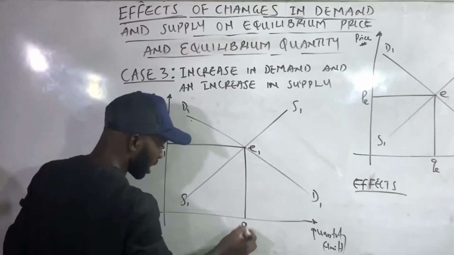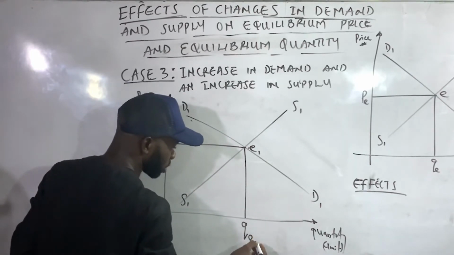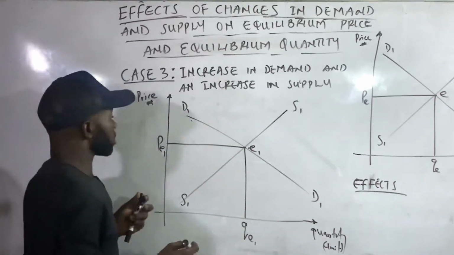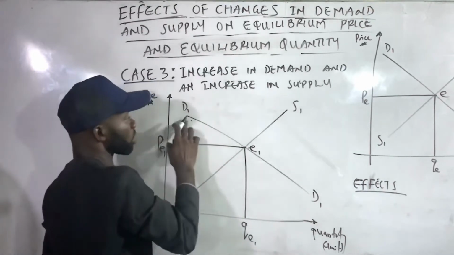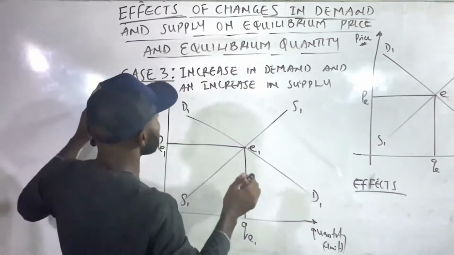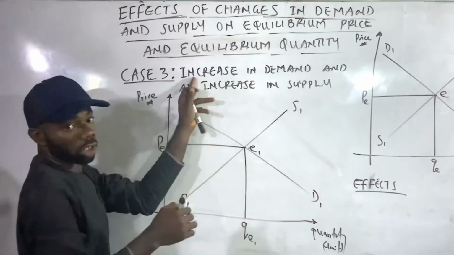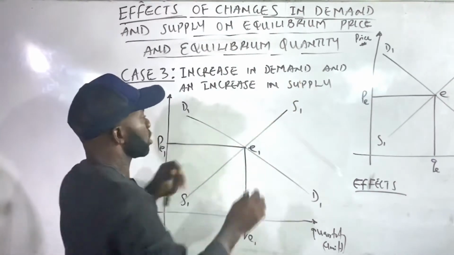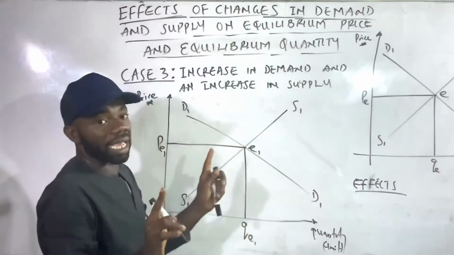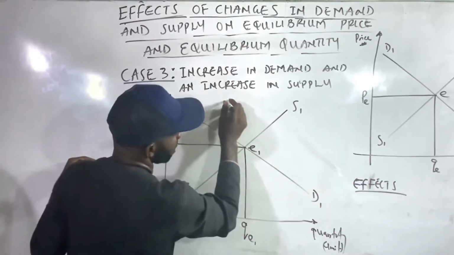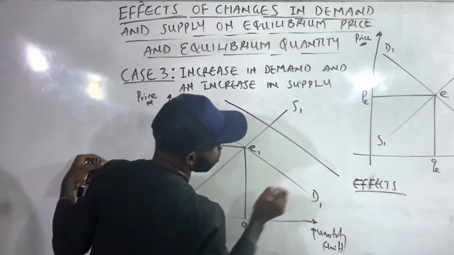And then on the quantity aspect, we have equilibrium quantity 1. And that equilibrium quantity 1 and price 1 gives us a starting point for the instruction. Let's now go to the instruction which says increase in demand first. Increase in demand, like I said earlier, is what? A rightward shift of the demand curve. And then we'll go this way.